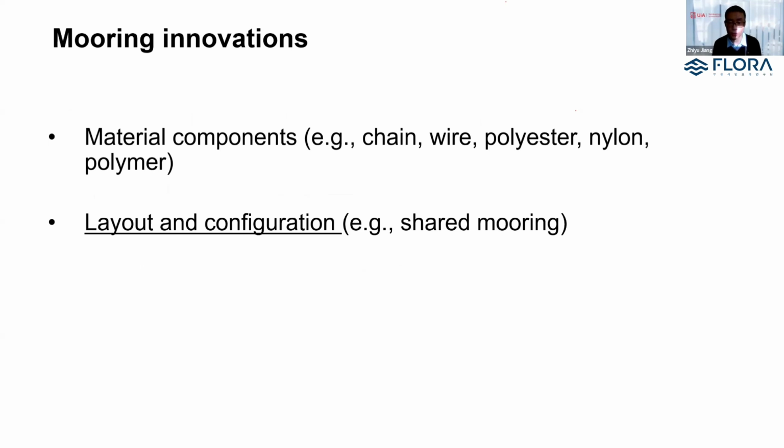Maybe you will put into use novel material like polyester, nylon, even polymer systems that can absorb certain type of peak loading. In this talk, we are going to primarily focus on layout and configuration of the mooring systems. So I'm going to talk about shared mooring systems.